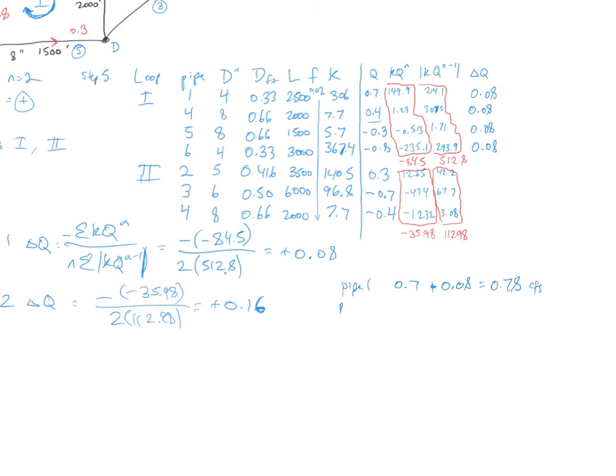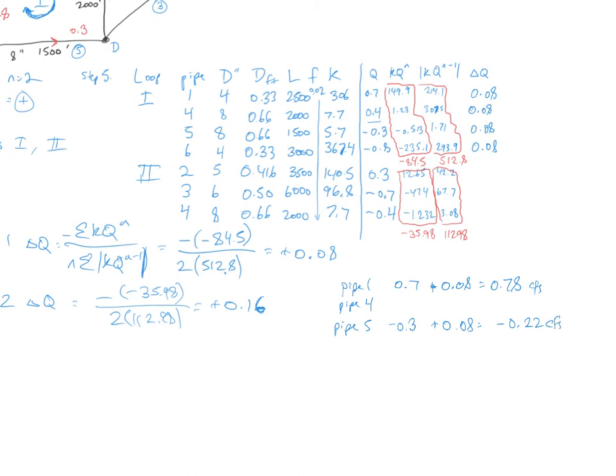Pipe 4, we're going to skip for a second. I'll show you why in a minute. Pipe 5, we had negative 0.3, we add 0.08, and we get negative 0.22 CFS.